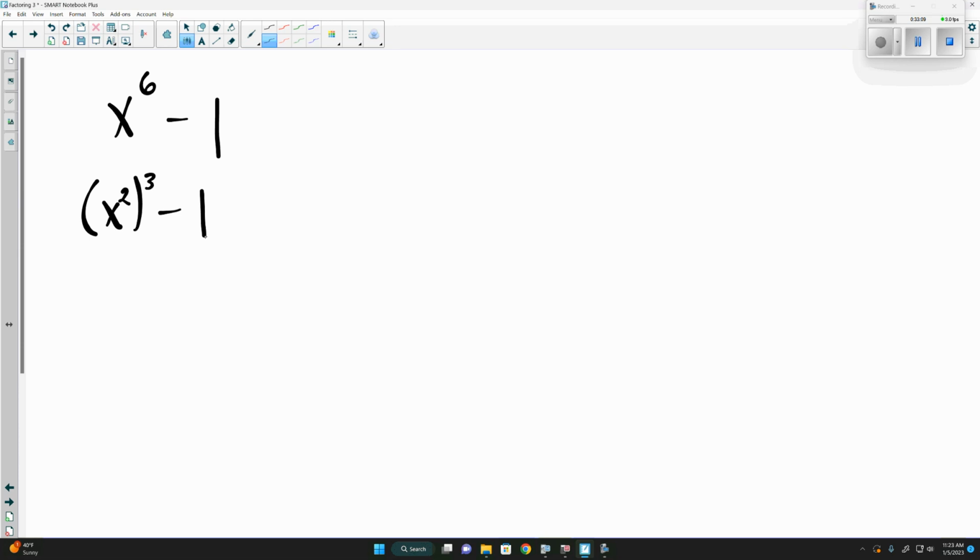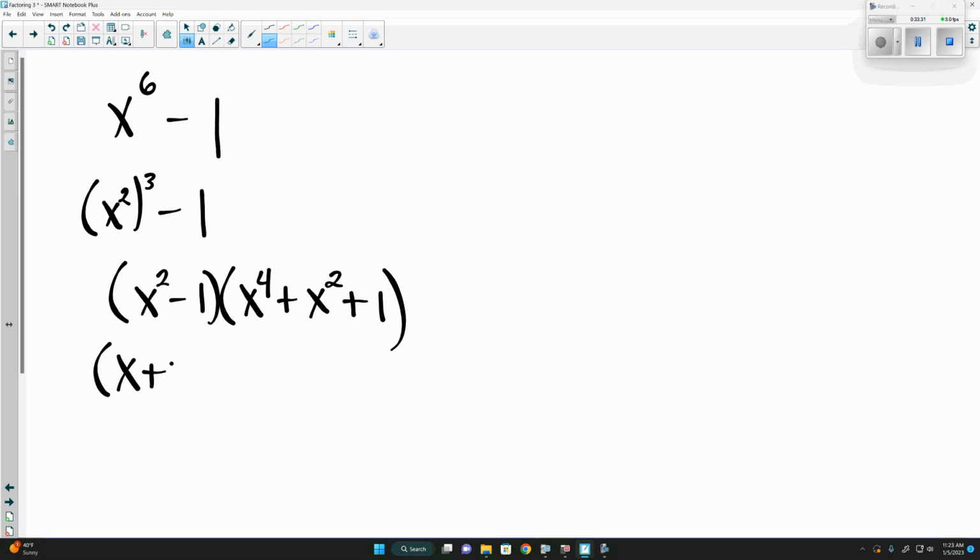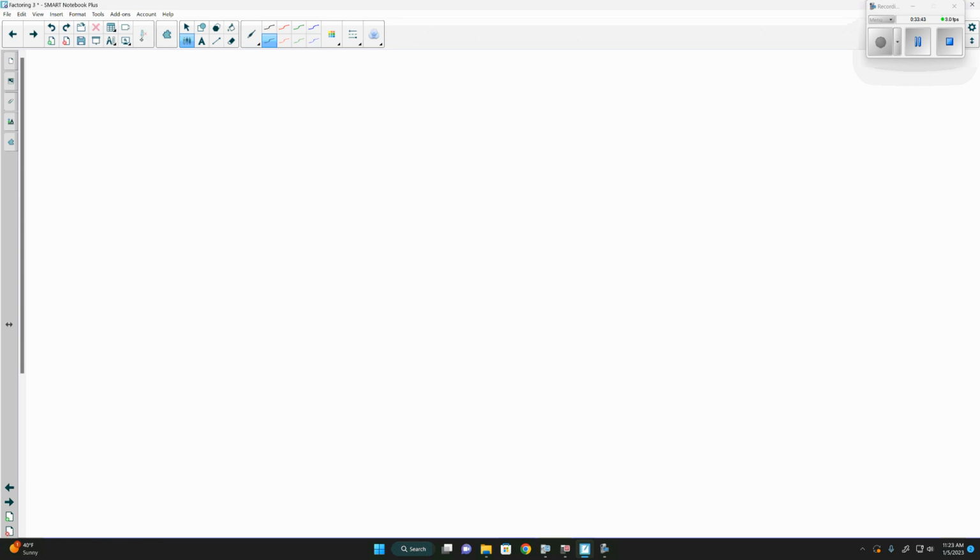So this still works, because we'd have x squared minus 1 times x to the 4th plus x squared plus 1. Still works, follows the same pattern, it just looks a little different. And this would technically factor to x squared minus 1 is a difference of perfect squares. But that's above and beyond.